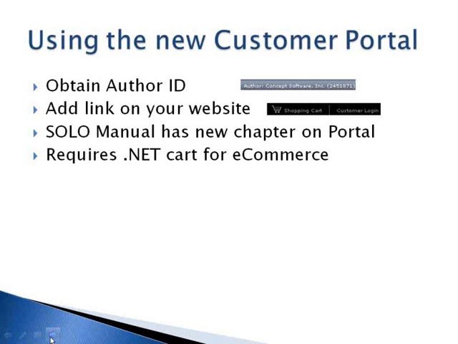If they do, then you're on the .NET cart. Our support knowledge base has information on how to switch your account over to the .NET cart. You can feel free to contact support if you need assistance or are unsure which shopping cart you are using.